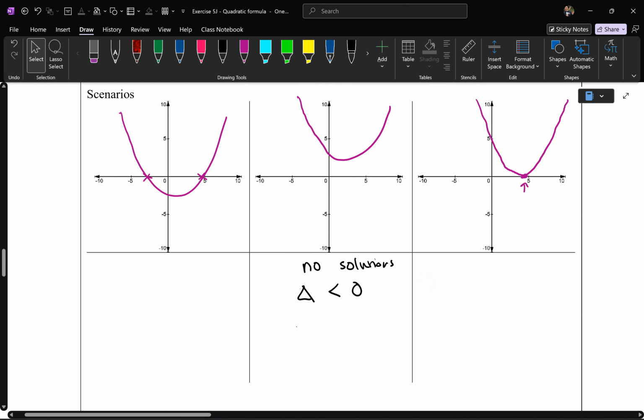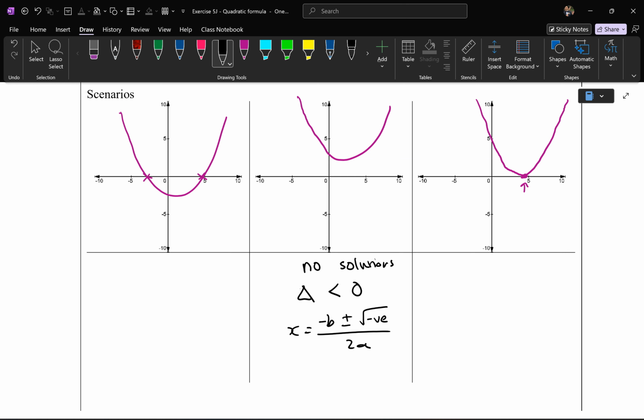You end up with x equals negative b plus or minus the square root of a negative number, divided by 2a. That's a problem. That already is an error. So of course you won't have an x-intercept, hence no solutions. So that would belong to this scenario. That's why you don't have to memorize it. It just makes sense. Just look at the square root sign.